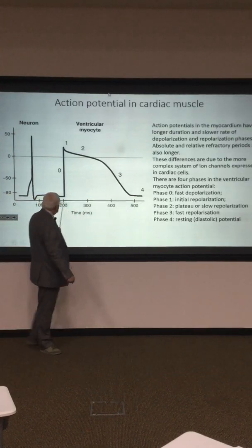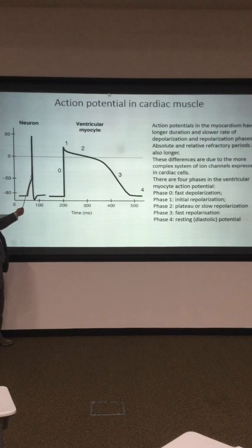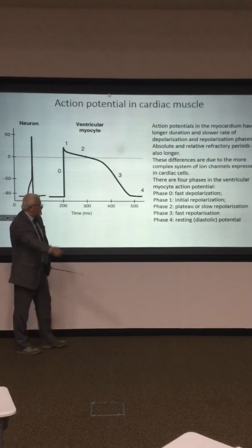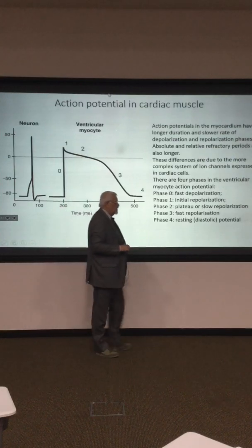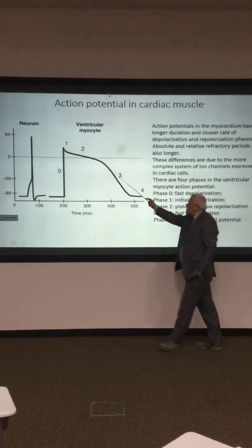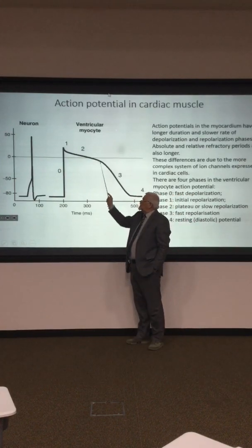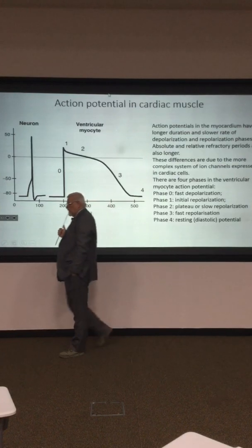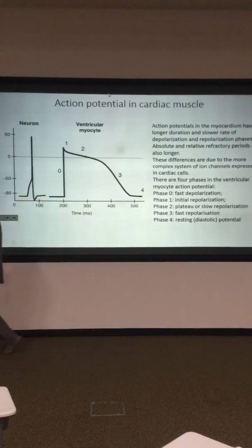Phase 0 is pretty much similar to the phase of depolarization. And then we have a partial repolarization, initial fast repolarization, phase 1. And then slow repolarization or plateau. And that's a distinctive feature of cardiac muscle and some smooth muscles.